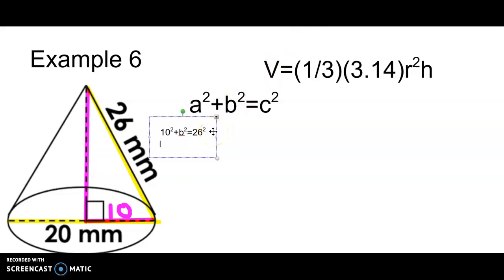Now we know that this is 100. 100 plus b squared is equal to 676. So we have b squared is equal to 576, because 676 minus 100 is 576. Well, this keyboard is making it hard.